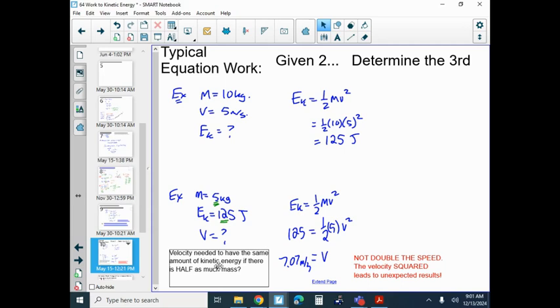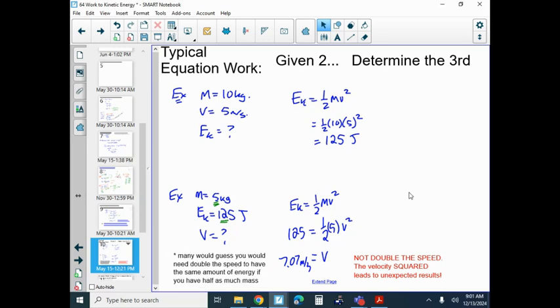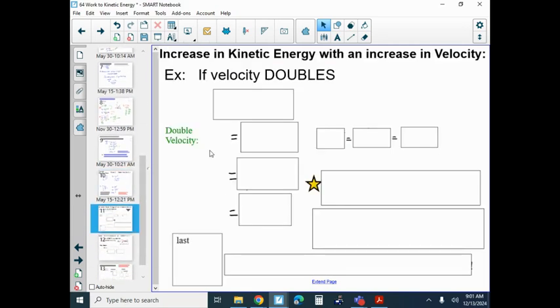So the velocity needed to have the same amount of kinetic energy if it's half as much mass. Well, if you put a half in here, when you're looking at what speed, because you're rooting things, it's not what you're going to think, right? A lot of people might have guessed it'd be double the speed in order to have the same amount of energy, but it's not because of that square in that equation, the pesky square.